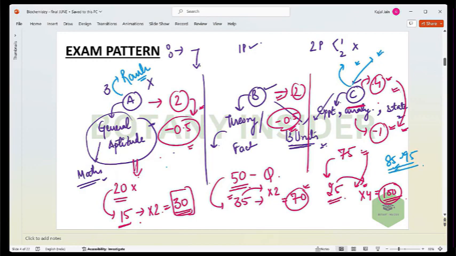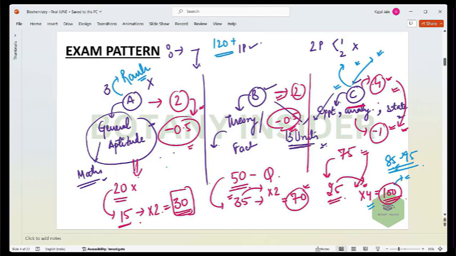If you're getting 120 plus, you can easily qualify the examination. But for that, you need to work on your C segment, the practical segment, a lot. That's why part C is very, very important. 100 marks for part C.